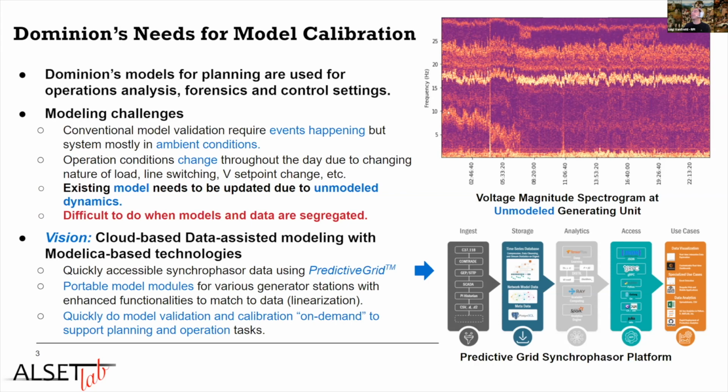And as you see here, around 10 hertz, you quickly see a mode, or a frequency, an oscillation of the plant quickly decay and disappear. This was actually a 100 megawatt plant that was not monitored. And these problems cannot really be understood because of the model dynamics in the power system model that they use.